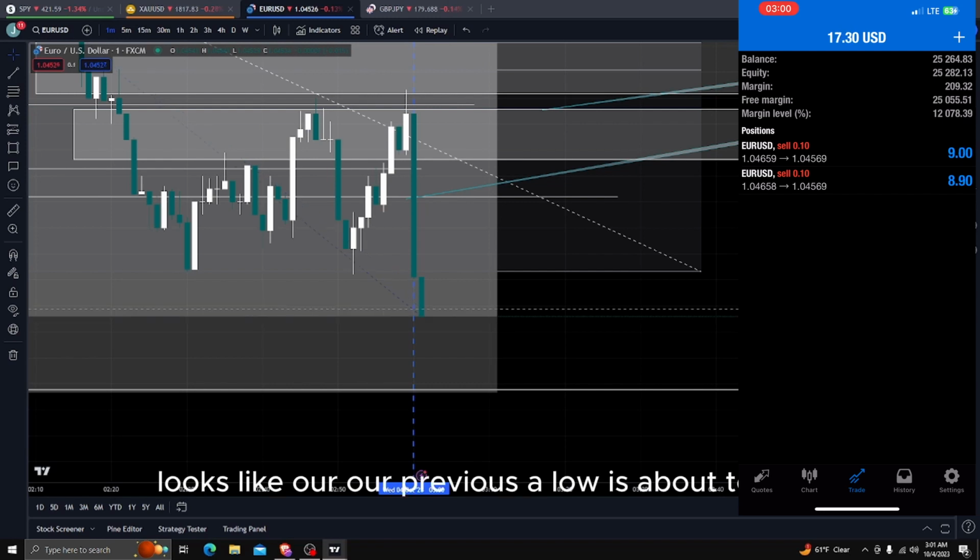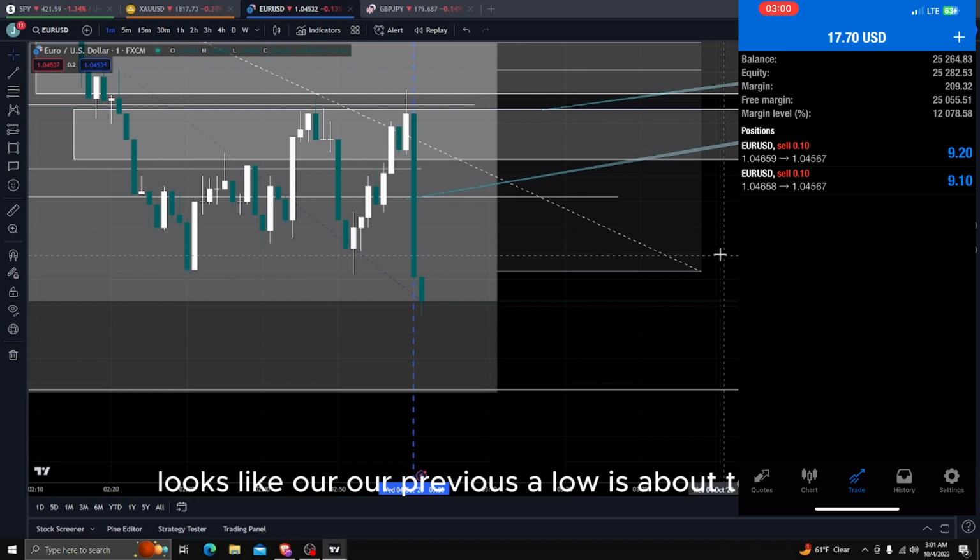Looks like our previous day low is about to be hit.